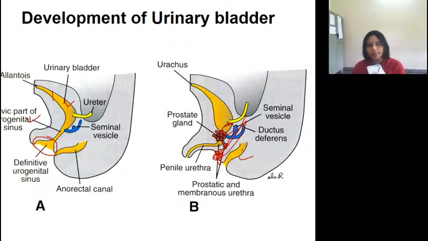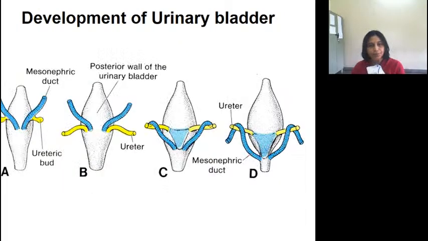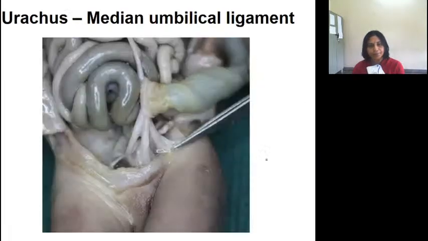Here you see the rectum and anal canal, which you have seen in the development of the GIT. That's how we see the development of the ureter and the vas deferens, the formation of the ejaculatory ducts and the development of the urinary bladder.